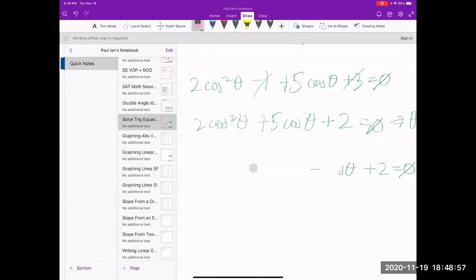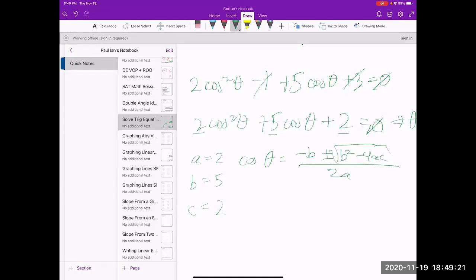Yeah. Okay. So you have A, B, and C, right? It's been a long time since I did this: 2, 5, and 2. And then cosine theta is going to be minus B plus or minus the square root of B squared minus 4AC.